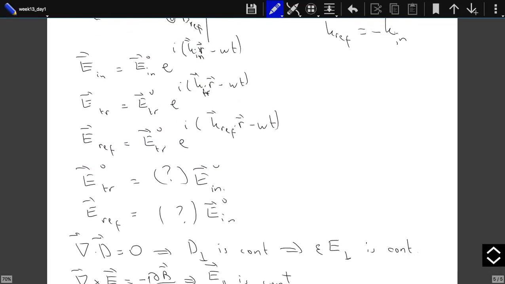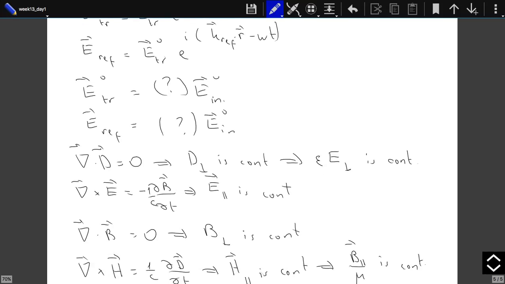Now let's try to impose those conditions. Well, you see, I don't have any perpendicular component. All the components are parallel because I'm assuming K is perpendicular to my surface, so both E and B are parallel to my interface.